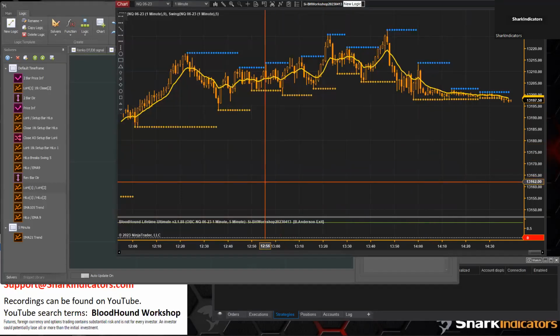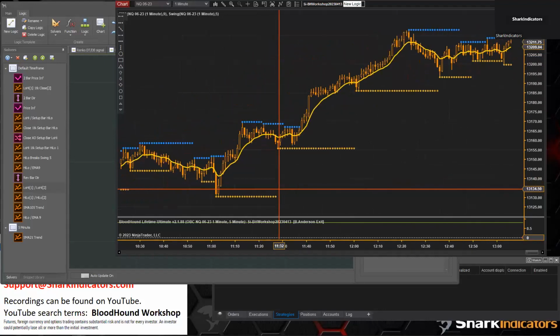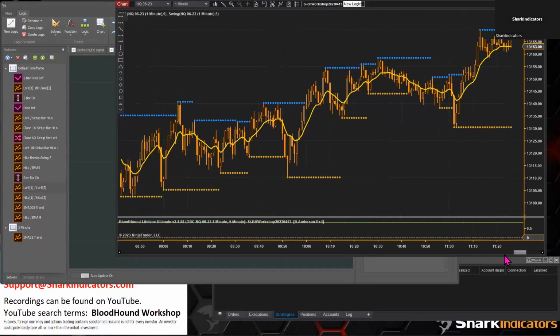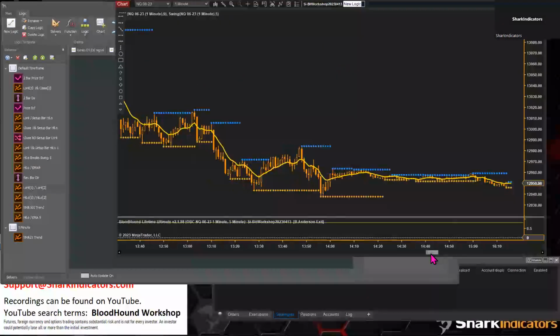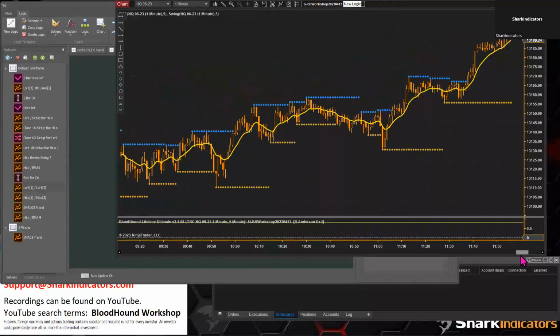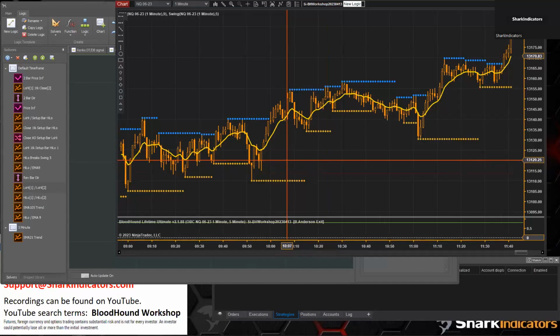So let's find one of those exit signal conditions here. I don't have the entry signals showing right now.